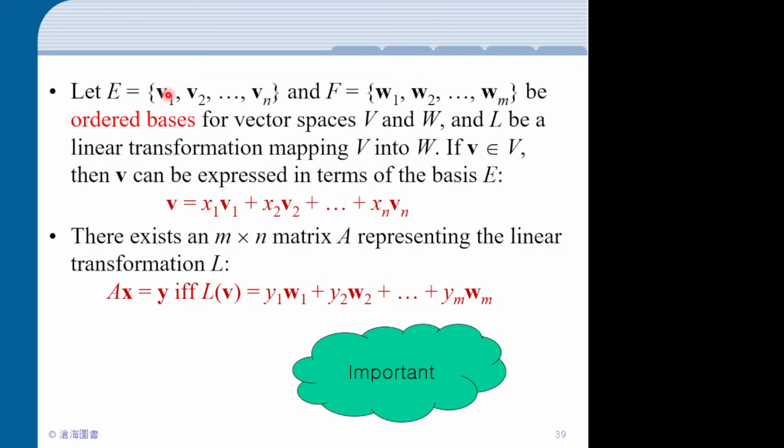So we have a linear transformation from V to W, and we'll just write it as Ax equals... okay, so let's see how this works. We have a basis in V and a basis in W.